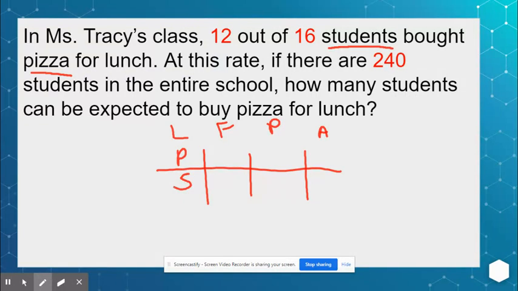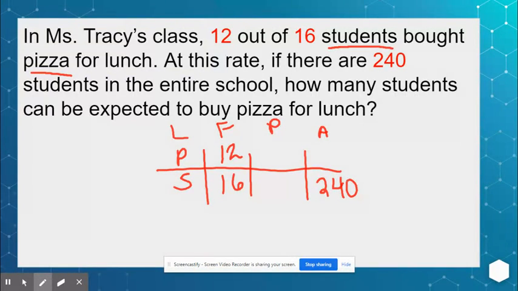All right, how many brought pizza for lunch? 12, that's our facts that we know. And out of how many total students? 16. Now we want to know, at this rate, if there are 240 students in the entire school, how many can be expected to buy pizza? So we have to put that where it says students, 240.